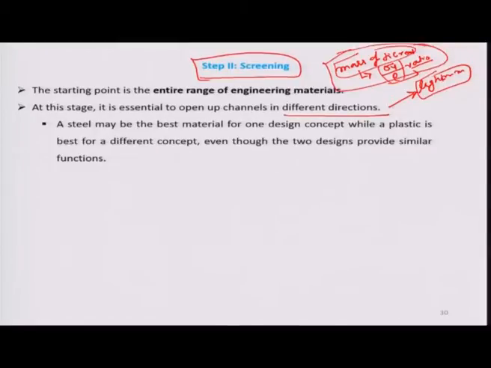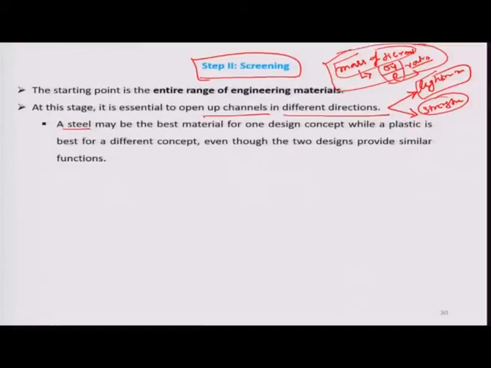You will have to consider other constraints, such as the strength should be higher, so that you open your channels in multiple directions and can get an appropriate material for fabrication. For example, steel may be the best material for one design concept, while a plastic is best for a different concept, even though the two designs provide a similar function.